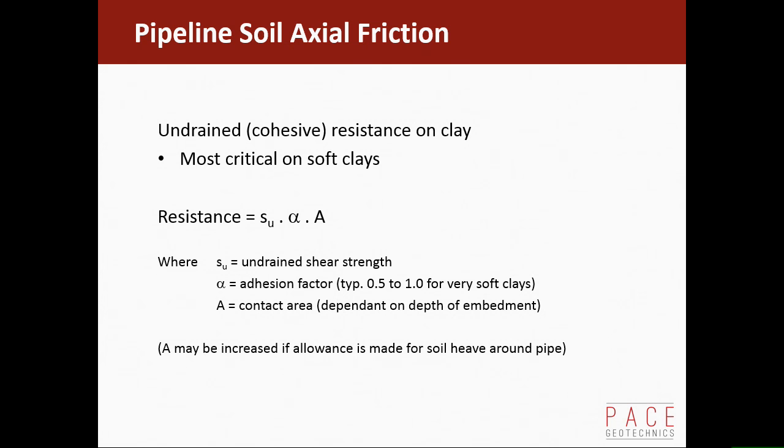In soft clays, it's most critical on soft clays, we want to calculate the axial resistance. And undrained shear, if you remember, is more about area of a sample than the actual contact pressure. You need a certain contact pressure, but in soft clays, it's more about the area.